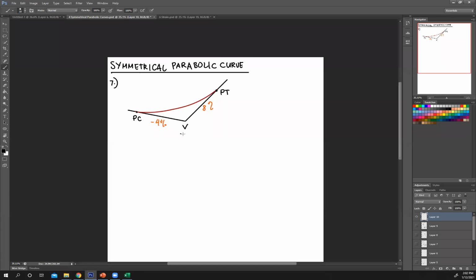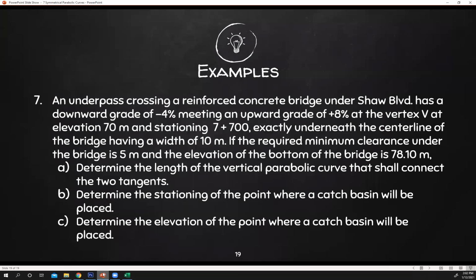So stationing of V, 7 plus 700. Elevation, 70 meters. Then it has a bridge. Exactly underneath the center line of a bridge having a width of 10. So your vertex is exactly underneath the center line of the bridge.